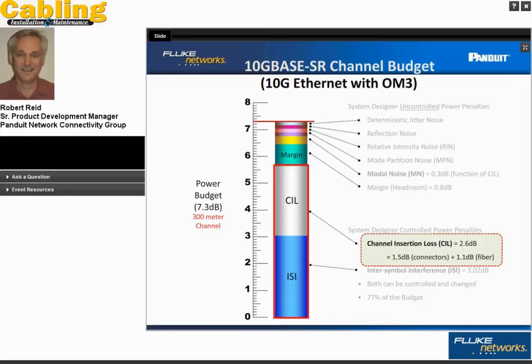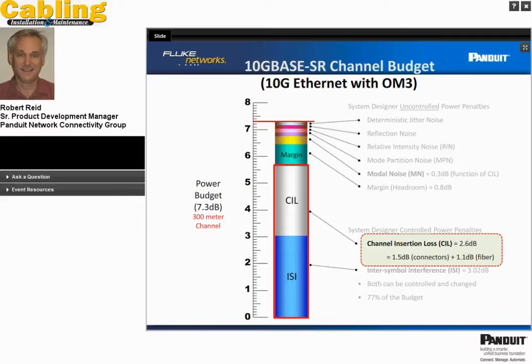The things that a contractor can affect are highlighted in red there: channel insertion loss, in particular the connectors and the fiber that are in the channel. The ISI, we won't talk too much about that, but that's related to the bandwidth of the fiber, and you can make some trade-offs of power penalties associated with ISI by shortening up the channel or by using a higher grade fiber like OM4, and you can trade that off with connectivity.